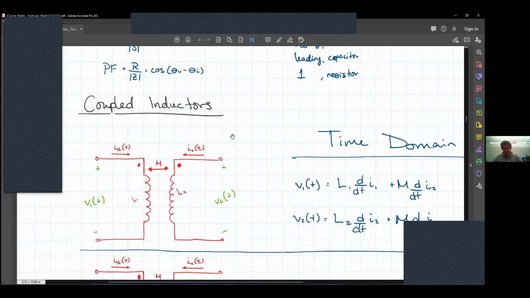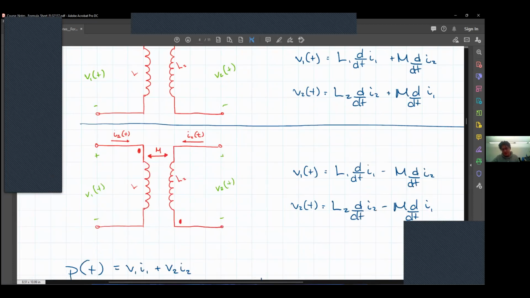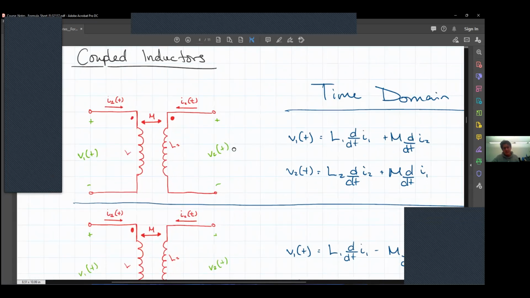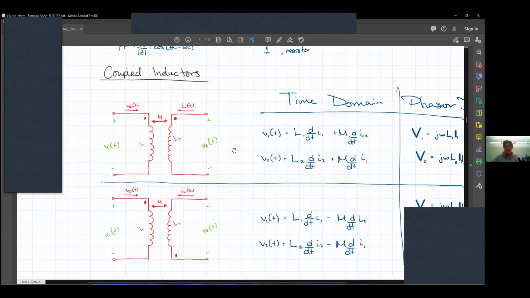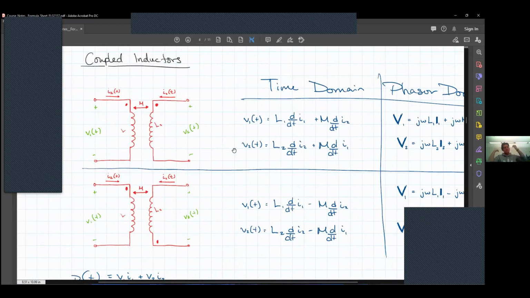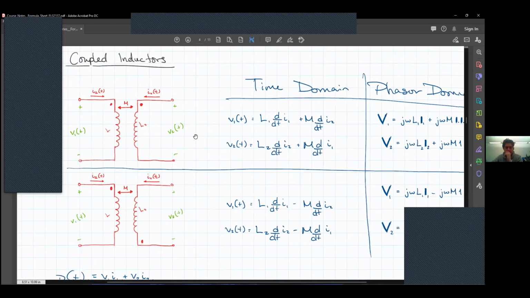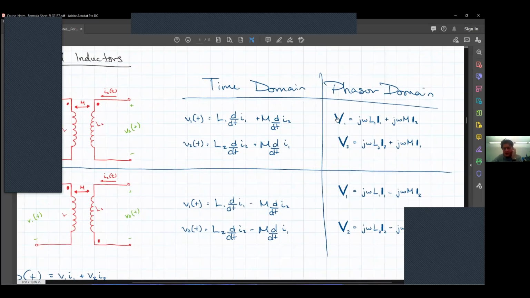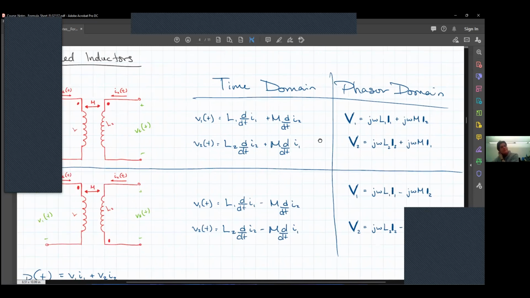So now let's get away from the sinusoids for a bit, and let's talk about coupled inductors. They can also be referred to in other contexts as transformers, or they can be used in transformers. But for now, let's just talk about them as coupled inductors. So I was kidding when I said we were leaving phasors. We're actually right back to it.